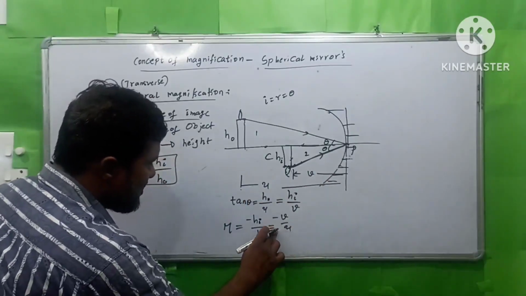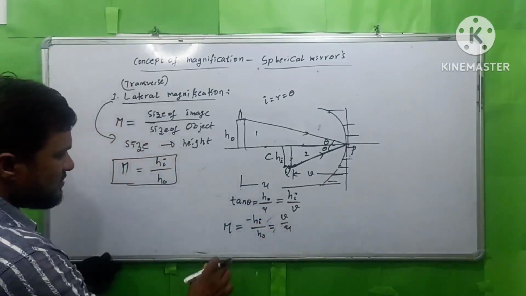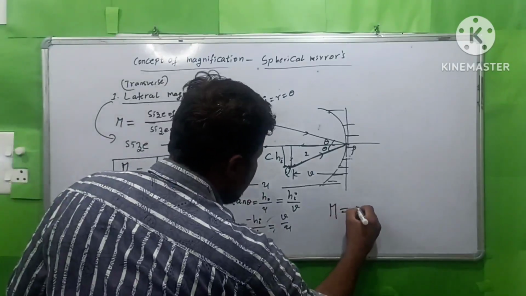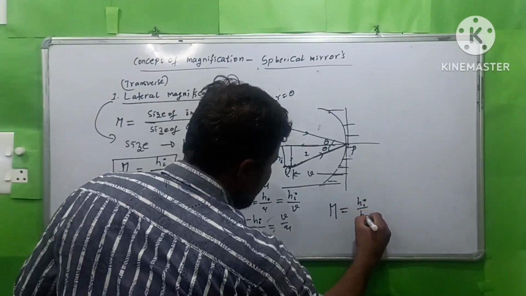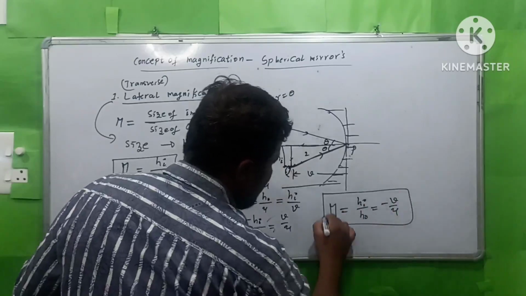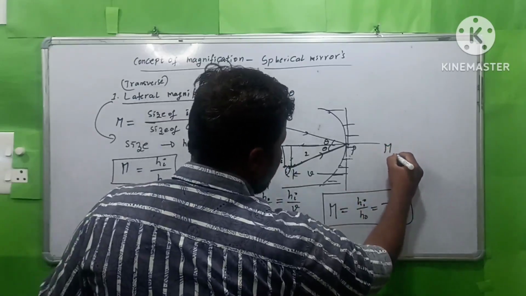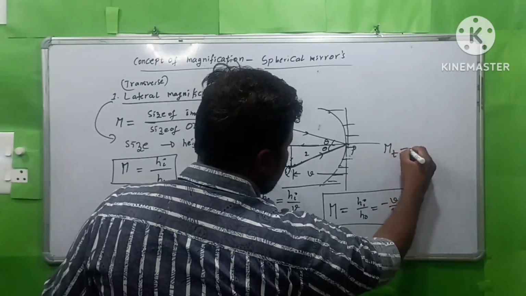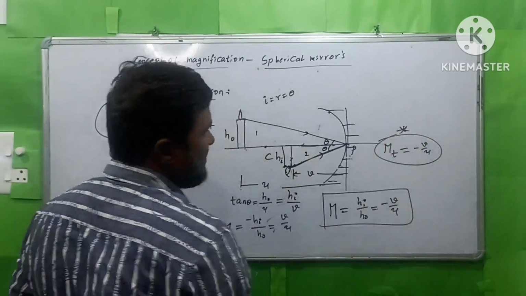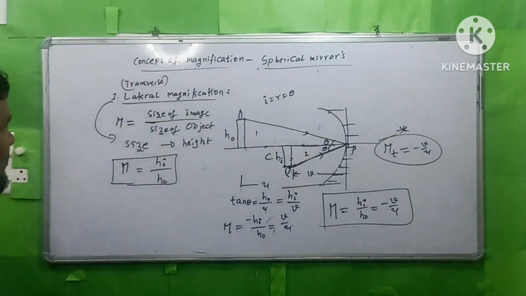These both are finally cancelled. So the final lateral magnification formula is m is equal to height of image unto the height of object, that is equal to minus v by u. This is the final formula. Simply you can write m transverse is equal to minus v by u. Lateral magnification or transverse magnification formula.